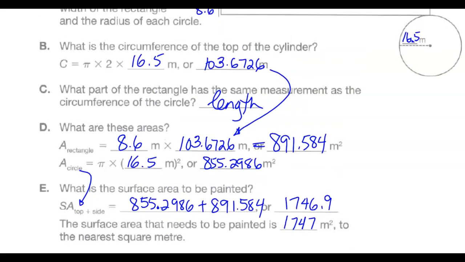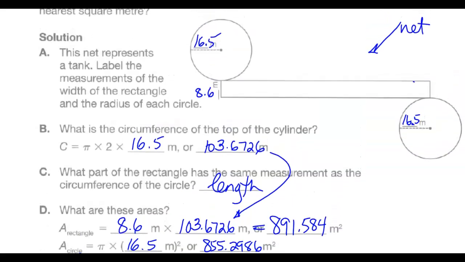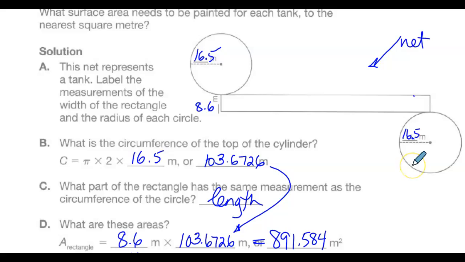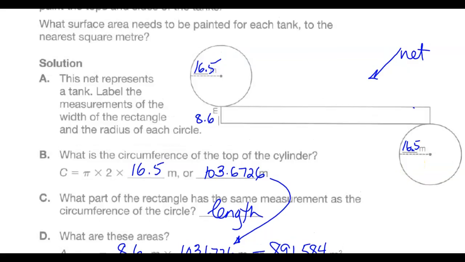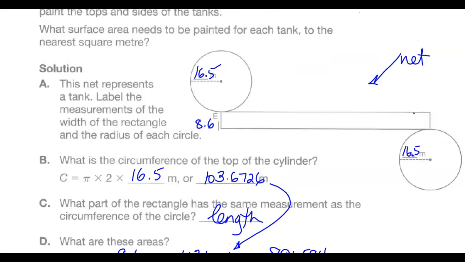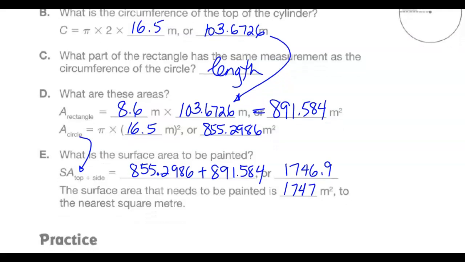Okay, so that's the end of that unit. Really, it's just using a net to calculate the surface area, and then maybe do some other work with it, like how many cans of paint, if you needed to paint it twice, all that kind of stuff. Okay, so now do the practice for 3.1 before you go on.